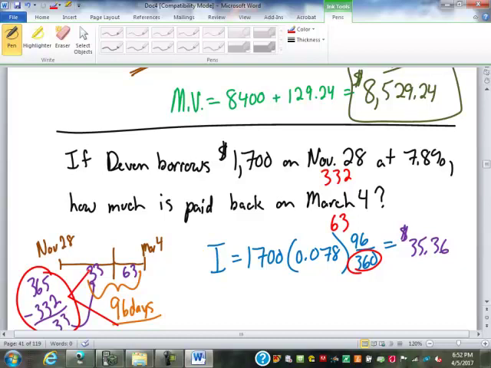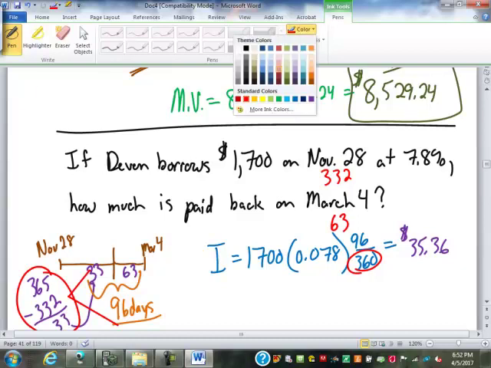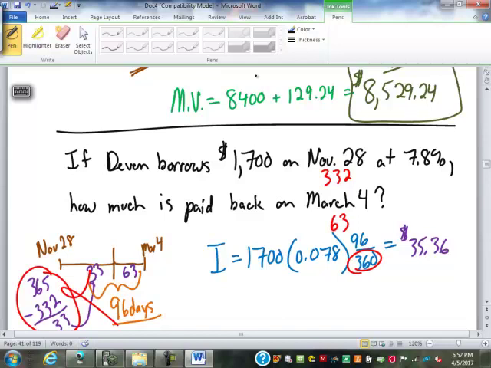So if you borrowed on November 2nd and paid it back like October 31st, that's 363 days. At ordinary interest, they would still put 363 over 360. So even though it's been 2 days less than a full year, they're going to charge you for 3 days more than a full year. So they still count all 365 days, but they only put 360 in the denominator. That's a wonderful question.